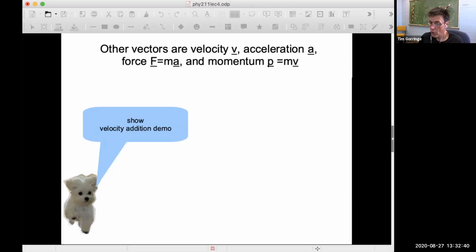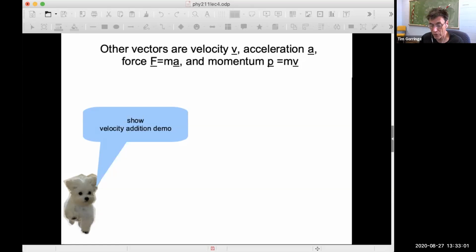And so all the work that we've done today on displacement vectors and adding up displacement vectors also applies for adding velocity vectors, adding acceleration vectors, adding force vectors, and adding momentum vectors.